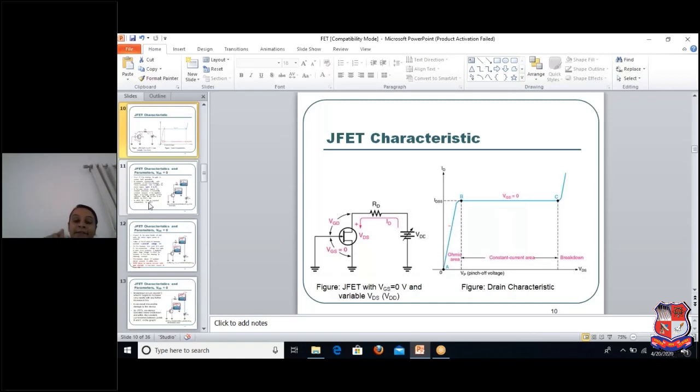At 3 volt your drain current becomes constant, suppose 6 microampere. Again you increase to 4 volt, which becomes 4 milliampere, constant.